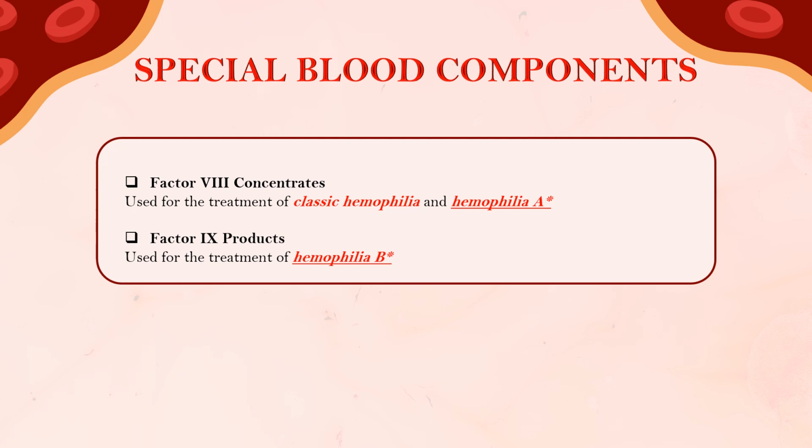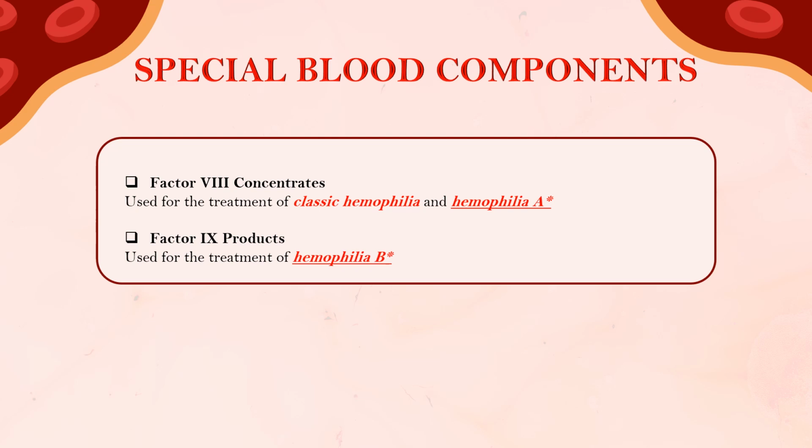Okay, now factor 8 concentrates are used for the treatment of classic hemophilia and hemophilia A in persons deficient in factor 8. And actually, factor 8 has been studied to present other forms, which include the xenogeneic form and recombinant factor. And your factor 9 products are used primarily for the treatment of hemophilia B, or factor 9 deficiency, and like factor 8 concentrates, factor 9 products are also available in three forms.